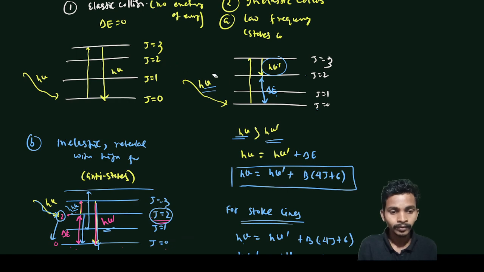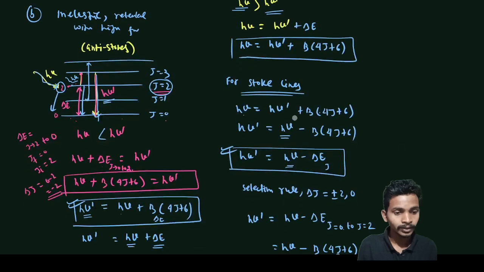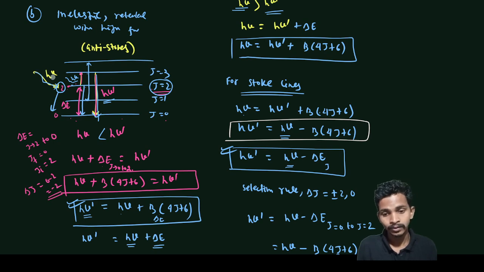Whenever we give this h nu energy for Stokes lines, this h nu dash is lower, so whenever you calculate it, you are subtracting delta E. Whenever you discuss anti-Stokes, this is lower and this is higher. The energy released is higher, so we are adding here.